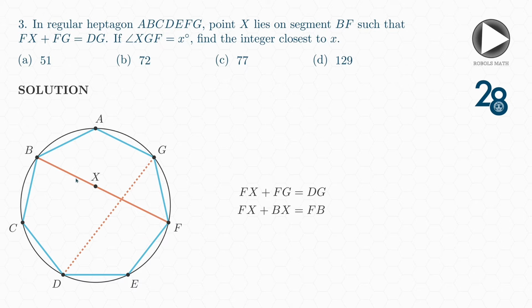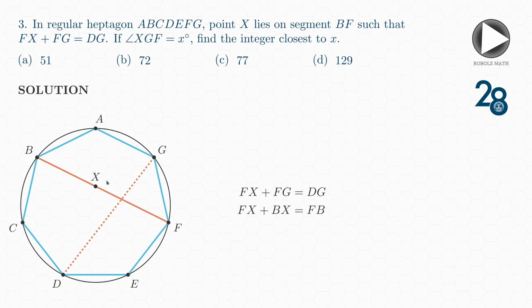Because this is a regular heptagon, the segments connecting any two vertices separated by the same number of vertices should always be congruent. For example, these consecutive segments here should always be congruent because it's a regular heptagon. Meanwhile, BG should be congruent to GE because they're both separated by just one vertex.